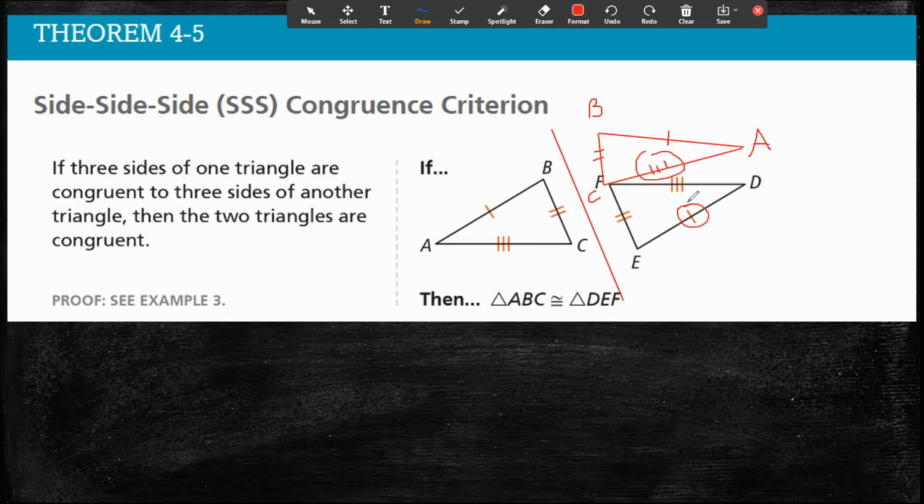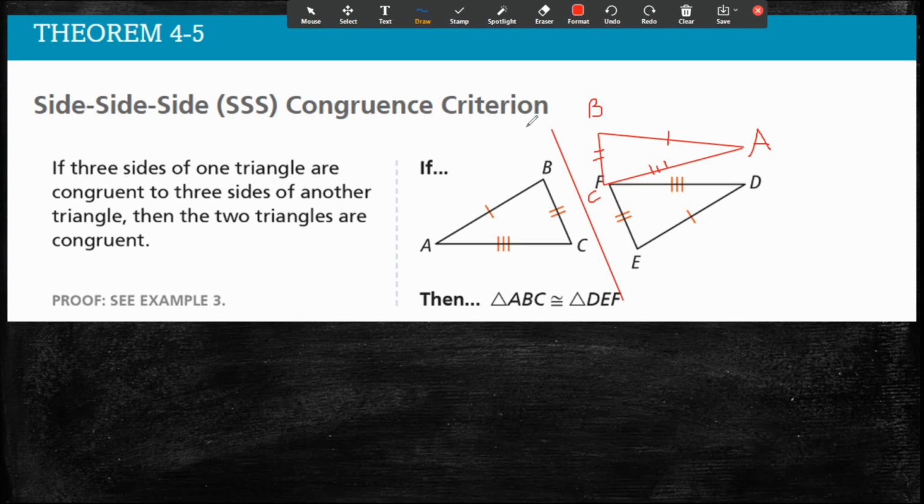This piece and this piece are the corresponding parts, right? They're both on the bottom. They're not congruent. However, here, these two parts are corresponding and they are congruent. But I can't go ahead and start proving this yet, or I can't say that it's been proven, because here I have my 1 tick mark on the top and my 1 on the bottom.